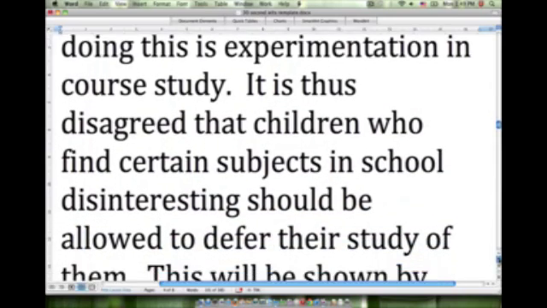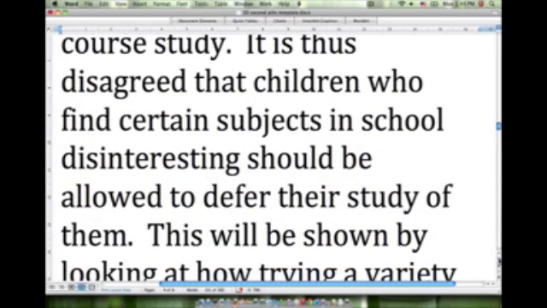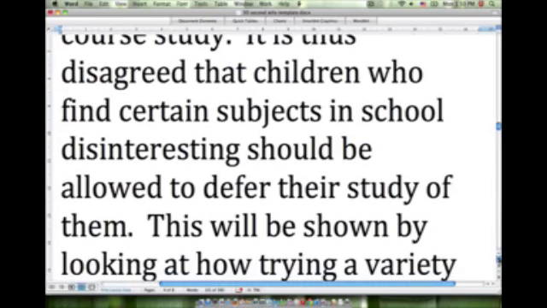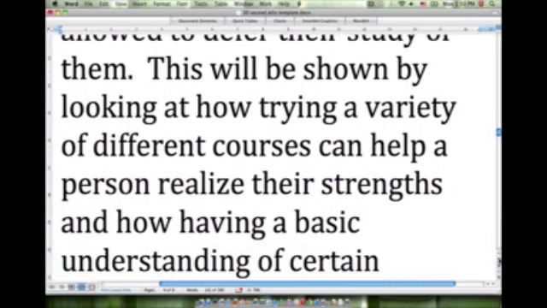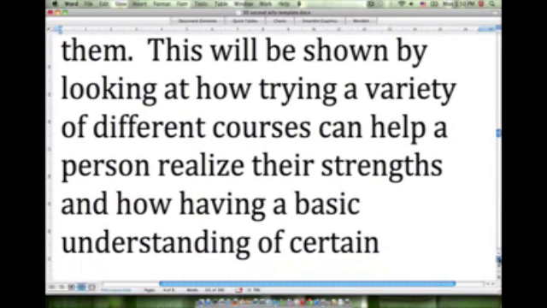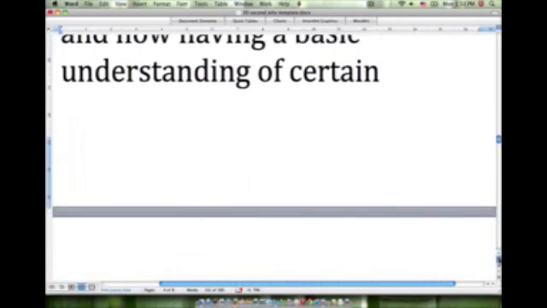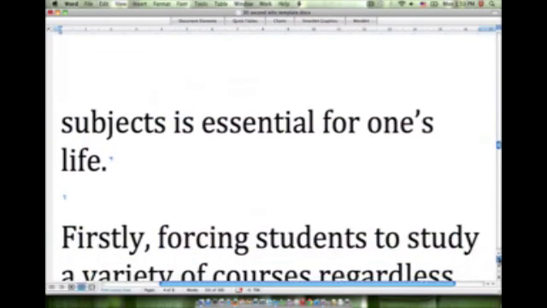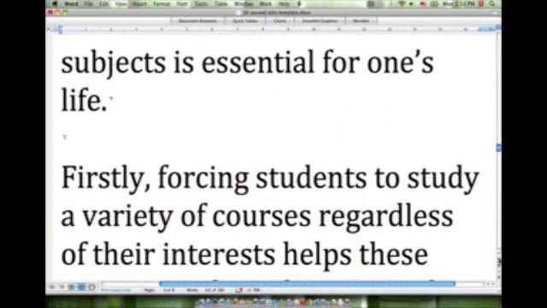It is thus disagreed that children who find certain subjects in school disinteresting should be allowed to defer their study of them. This will be shown by looking at how trying a variety of different courses can help a person realize their strengths, and how having a basic understanding of certain subjects is essential for one's life.